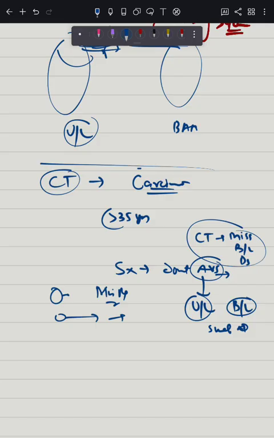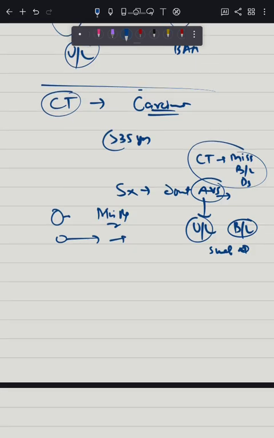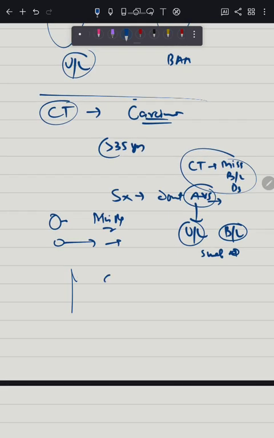But is there any exception where you can go straight to surgery, sometimes without adrenal venous sampling? The answer is yes.